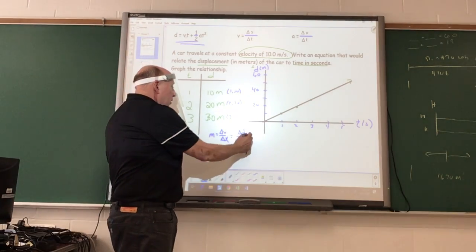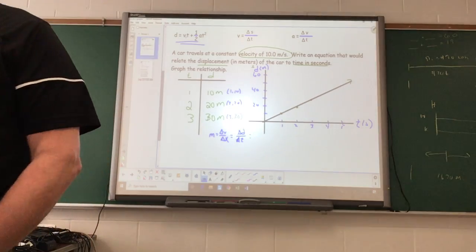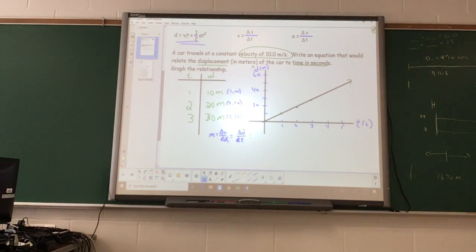So if we find the slope the exact same way we did before, changing y over changing x, or delta S over delta T, or delta D over delta T, using our ordered pairs.